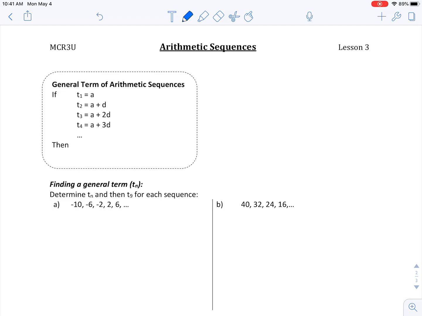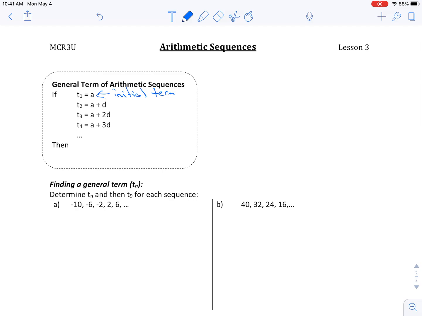So what's nice about categorizing these kinds of sequences is that once you know if it's arithmetic, you can then apply a formula that makes it much, much easier. So if we take a sequence that's arithmetic, let's say the initial term we call a. So the first term's value is a.